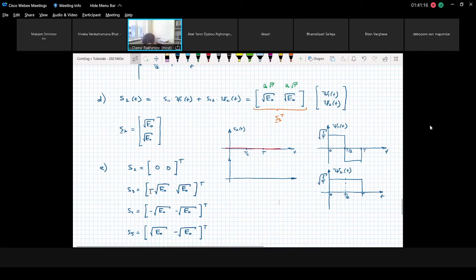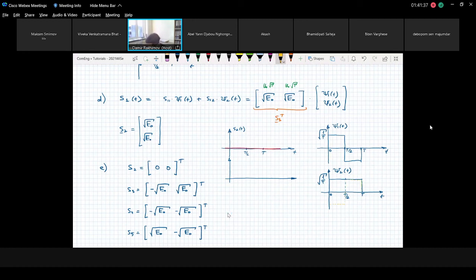Okay, for this signal we have minus the first basis function plus the second basis function. I can show that we have minus first basis function overlapped with plus second basis function.